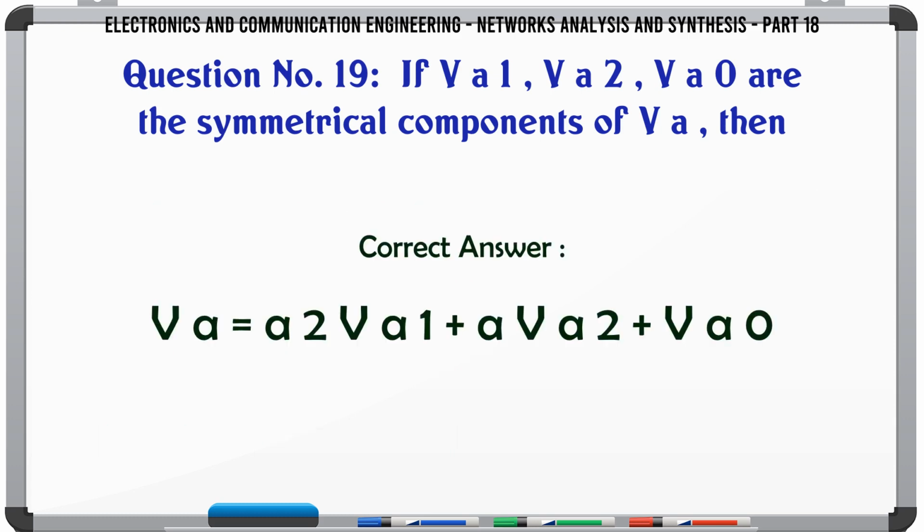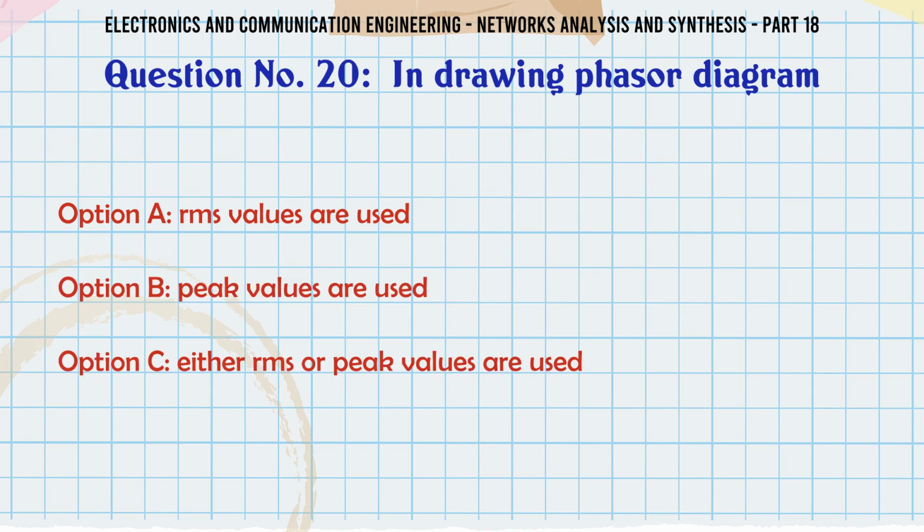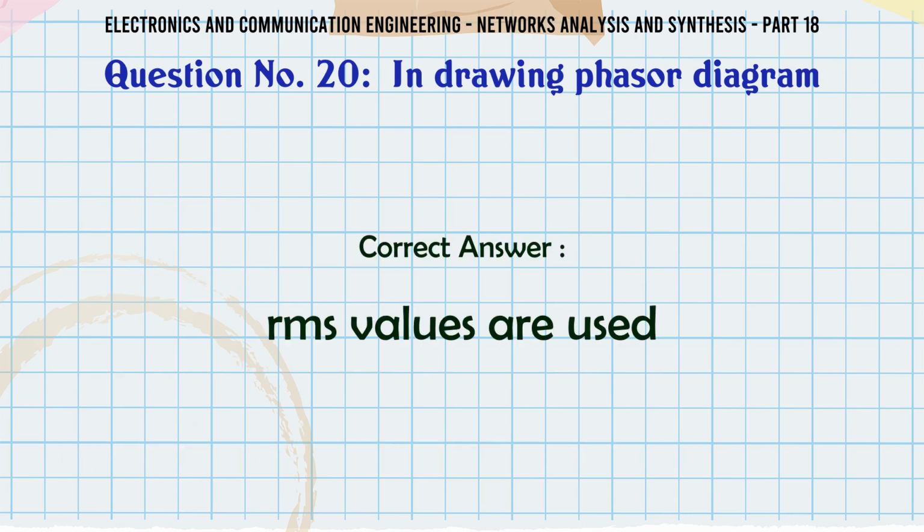The correct answer is VA = VA2 + VA1 + a VA2 + VA0. In drawing a phasor diagram, A. r.m.s. values are used, B. peak values are used, C. either r.m.s. or peak values are used, D. either r.m.s. or peak or average values are used. The correct answer is r.m.s. values are used.